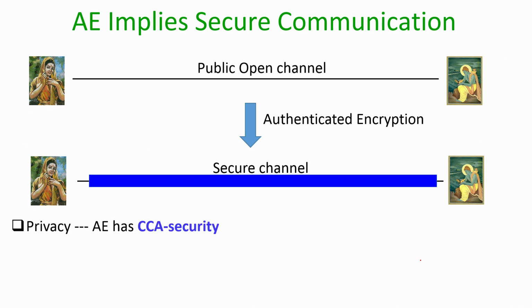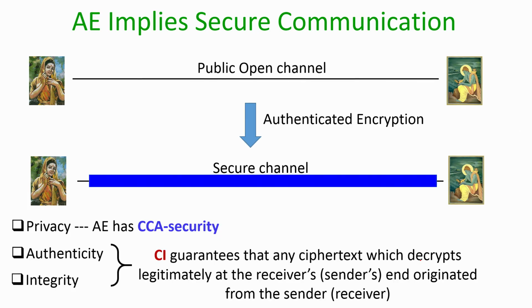And why is that so? Because the privacy of her communication is achieved because of the fact that authenticated encryption has CCA-security, and the authenticity and the integrity of her communication are ensured by the ciphertext integrity property.